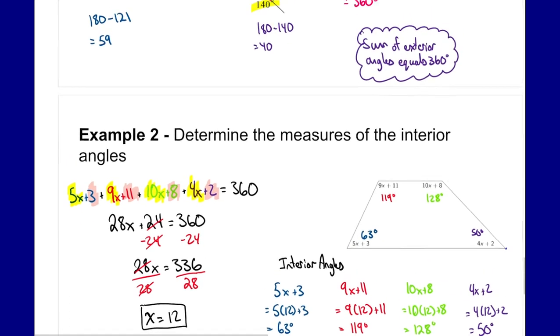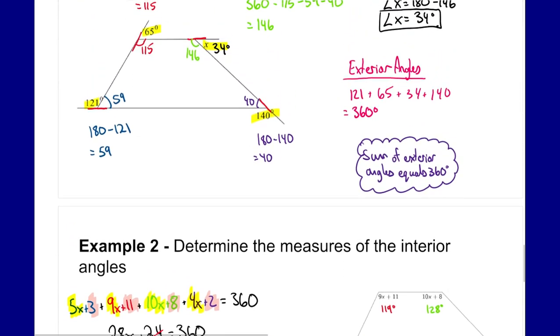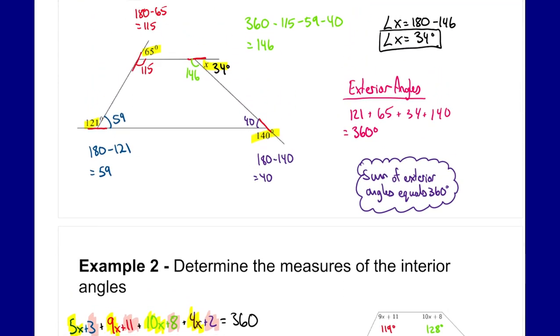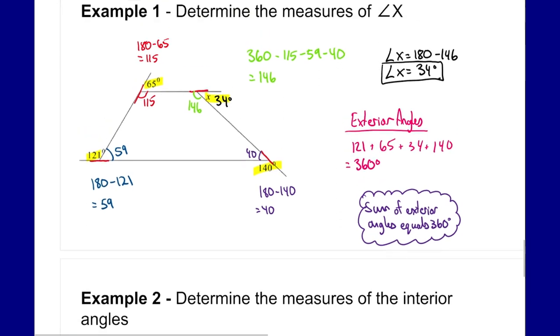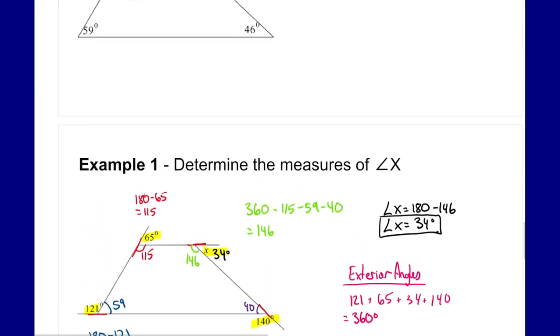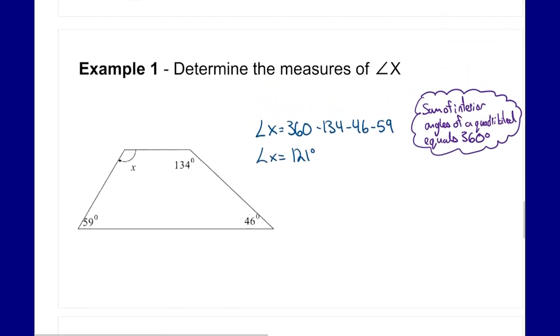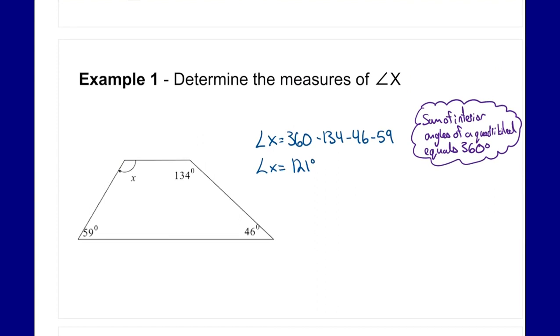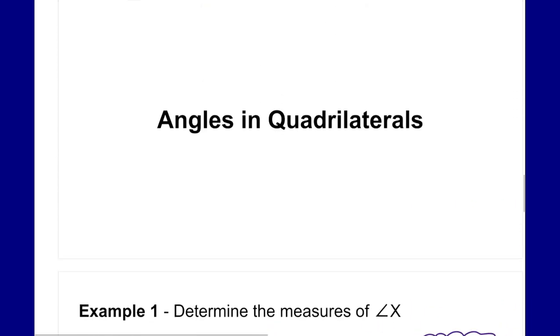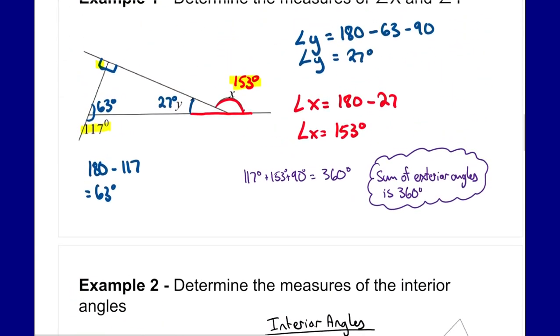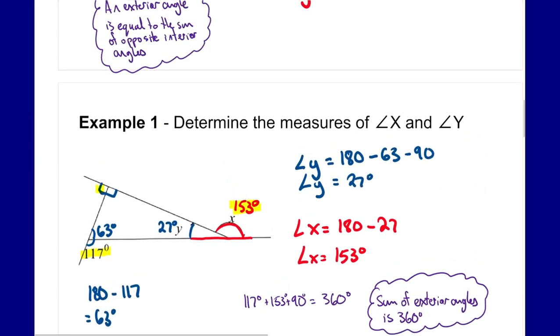So looking back, we do have some angle properties just to remember. The sum of exterior angles equals 360 degrees. That's true for any type of polygon. The sum of interior angles of a quadrilateral is 360. That one you may have already known. Again, sum of exterior angles is 360.